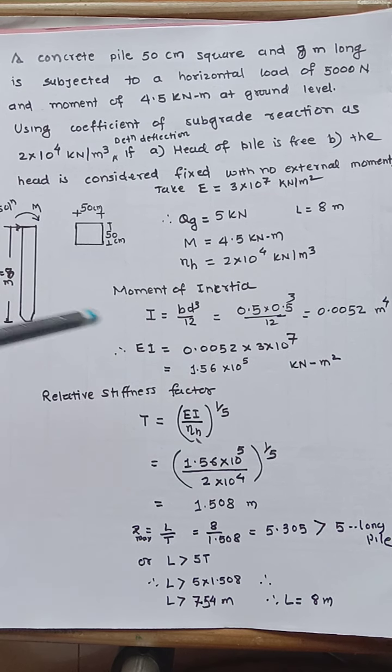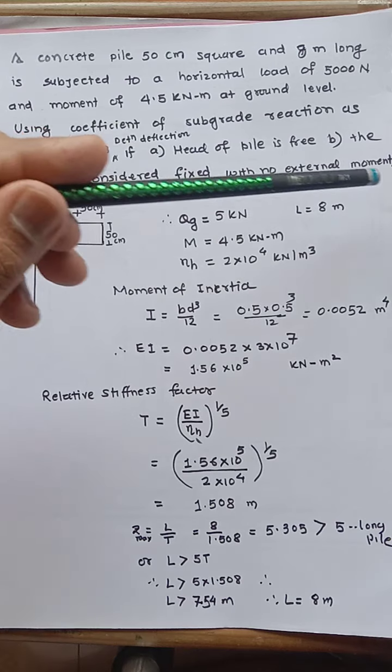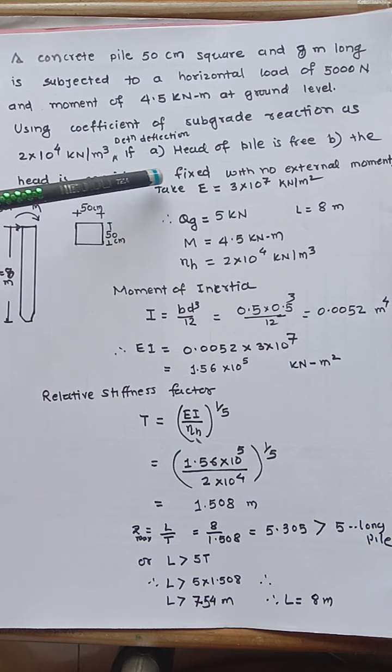The coefficient of subgrade reaction is given as 2 × 10⁴ kilonewton per meter cube. Determine the deflection: first, if the head of the pile is free; second, if the head is considered to be fixed with no external moment.